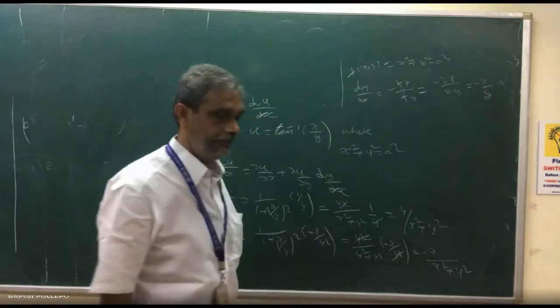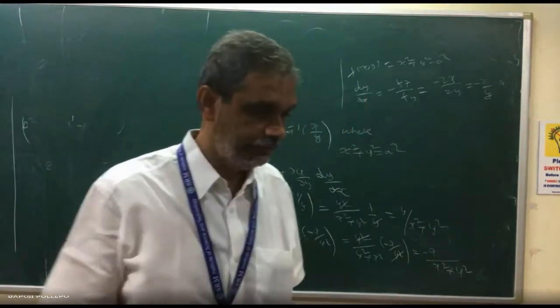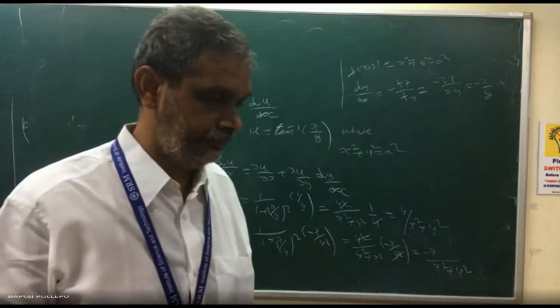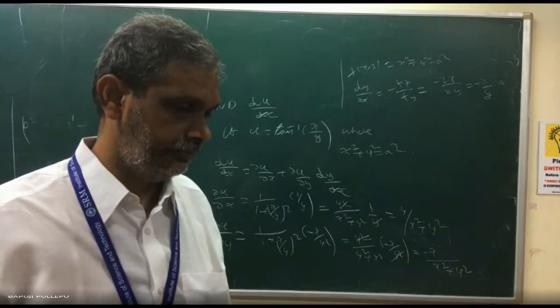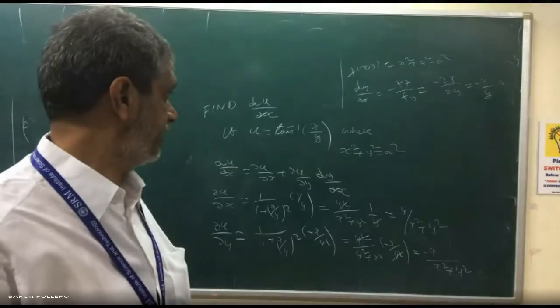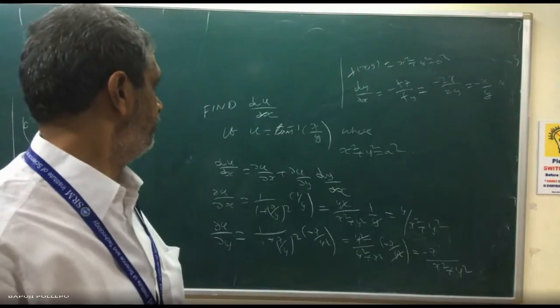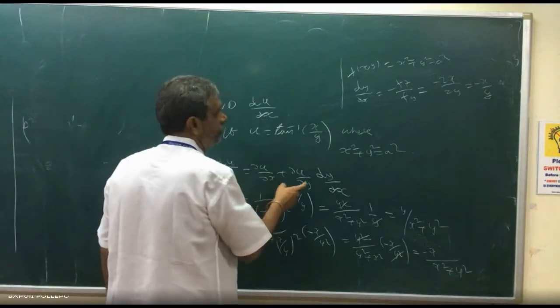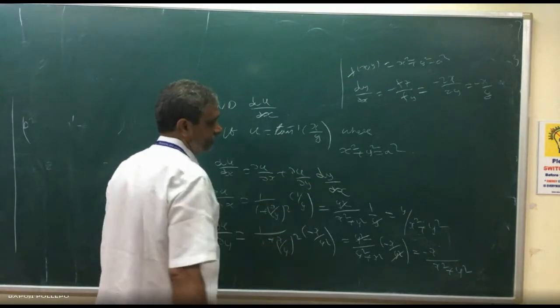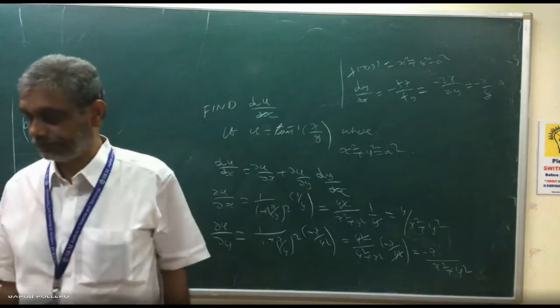Are you ready? Any problem? Are you there or not? Nobody is talking today. What happened? No, sir, no problem. Okay, good. Very happy. Please respond. Now substitute in the formula. Everything is available. Dou u by dou x is available. Dou u by dou y is available. dy by dx is minus x by y. Substitute there. What will you get?